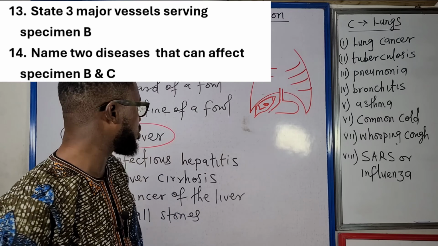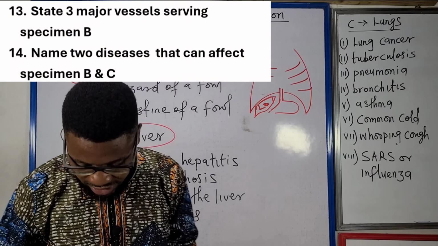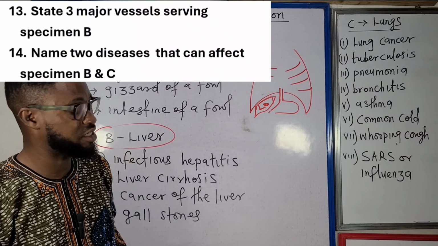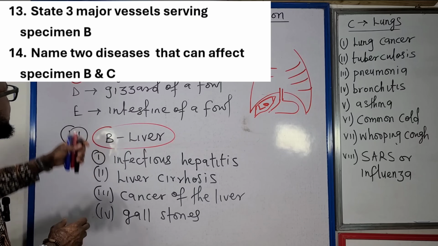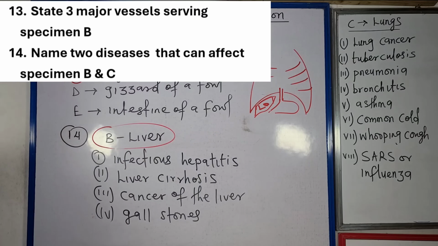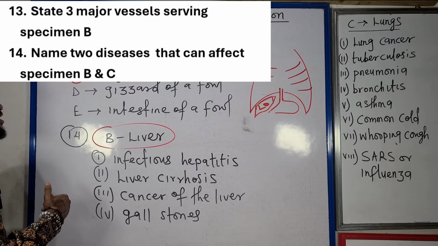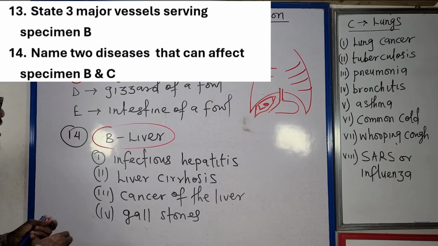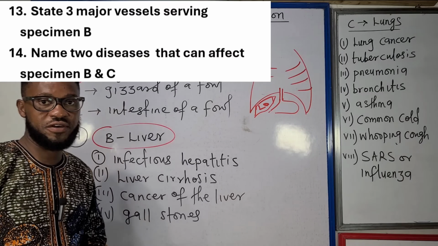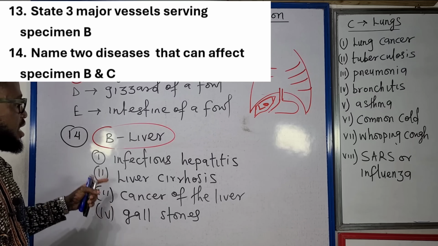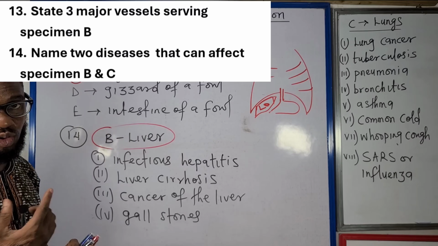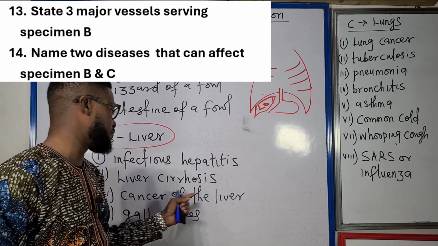So to the next question, question 14, we were told to name two diseases that can affect specimen B and C. Talking about specimen B, that's the liver. We have diseases like infectious hepatitis, liver cirrhosis, cancer of the liver, that's uncontrolled cell proliferation of the liver.